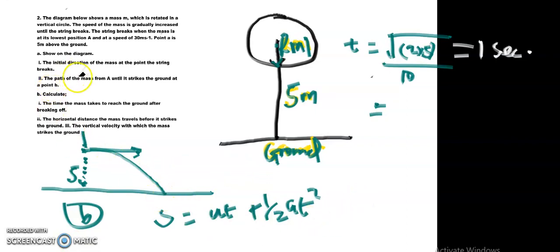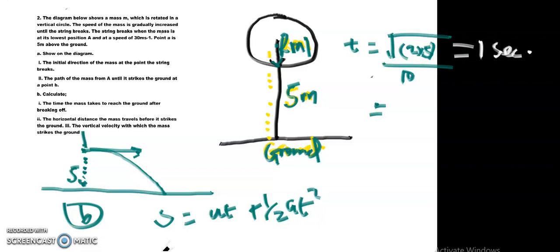Here it says that the path of the mass from A until it strikes the ground. So we have to calculate the path of the mass from here until it strikes the ground.